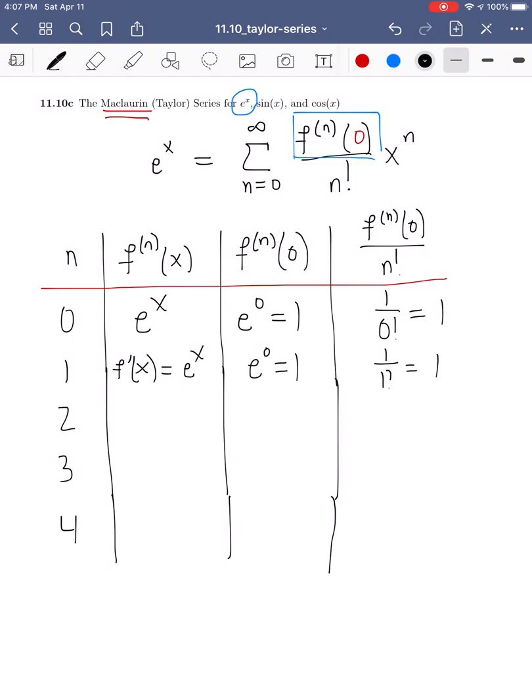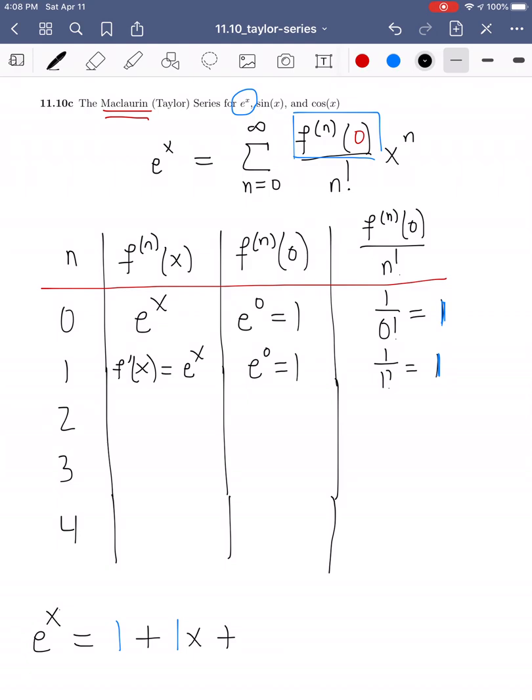In fact, let's start writing out these terms one by one. If we rewrite what e to the x is, the first term, I'll write in blue, was our first coefficient, which is just a 1. And then we have plus the second coefficient, which is still 1, times x to the first. Let's figure out what that third coefficient should be now.